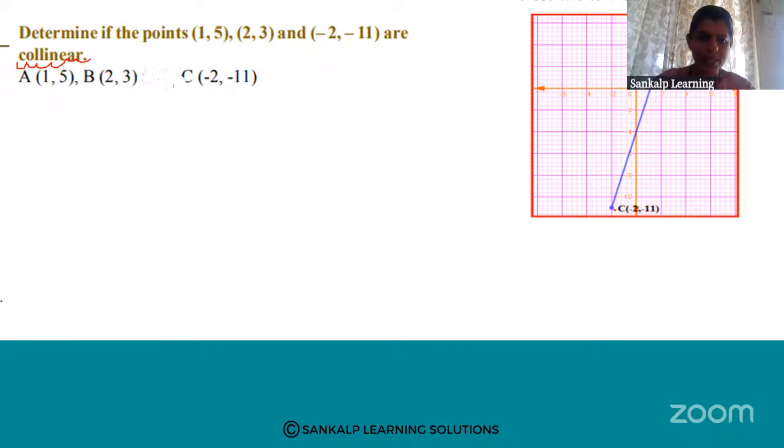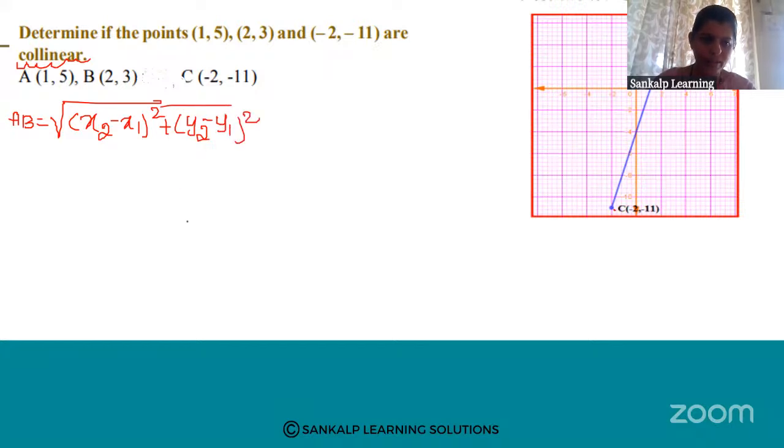First find the distance between A and B. AB is equal to, first write down the distance formula, that is the square root of x2 minus x1 whole square plus y2 minus y1 whole square.